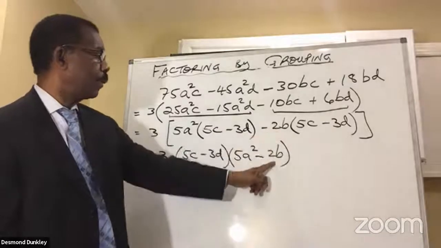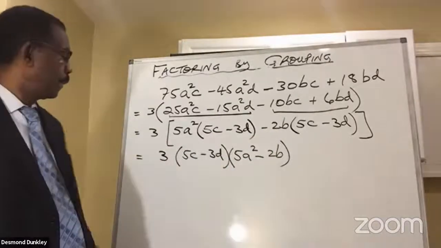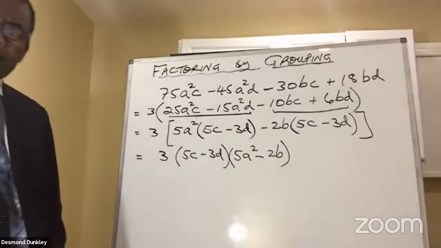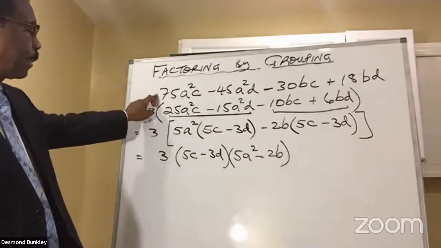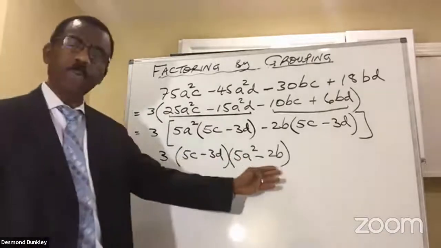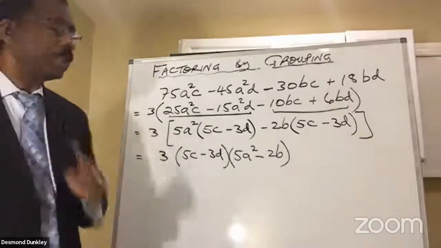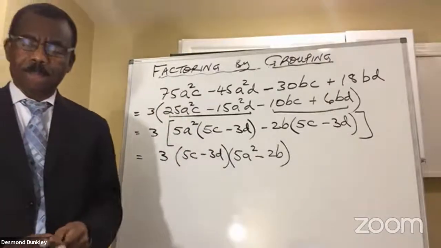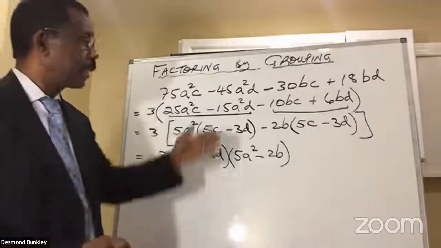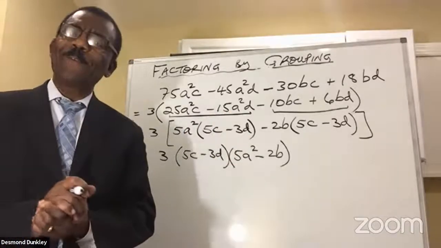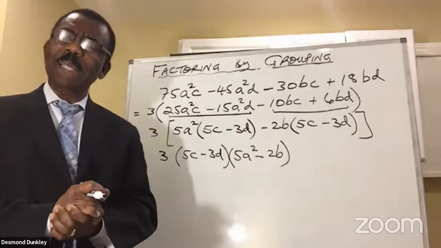What's on the outside goes here, and that's it. This, I suggest to you, is identical to that. If we multiply these two, and then take the result and multiply by 3, I promise you, you will get that.